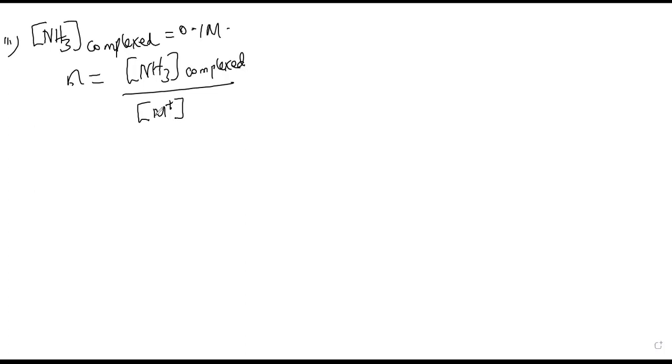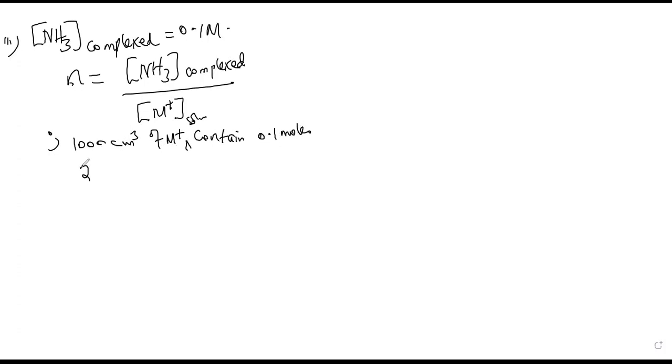We have to remember that we need to get the concentration of the metal ion in the aqueous solution, right? So we shall say that 1,000 cubic centimeters of a metal ion solution contain 0.1 moles.